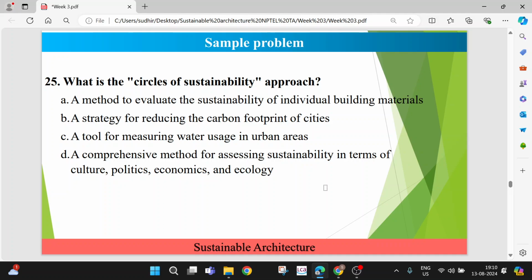Is it clear to all of you? Are the questions visible? Yes, sir. Okay, so try to give an answer to question number 25, and then we will see which is the right answer. Does anybody want to answer question number 25?